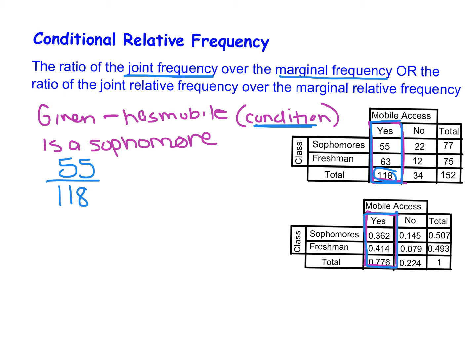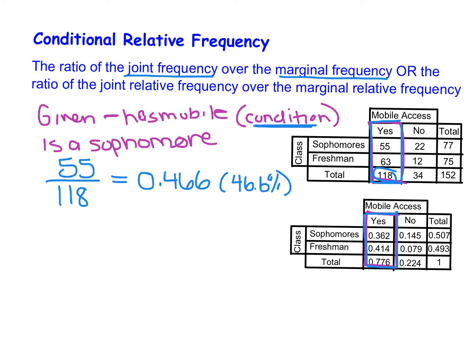So we're just looking at the students that have mobile access, and we're finding the conditional relative frequency that these students are sophomores, given that we already know they have mobile access. So if we take 55 and we divide it by 118, we get 0.466, or that's saying about 46% of students that have mobile access are also sophomores.